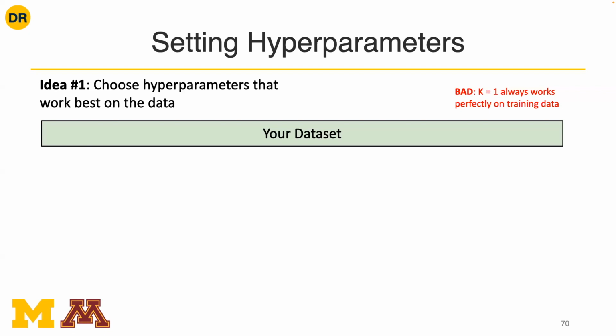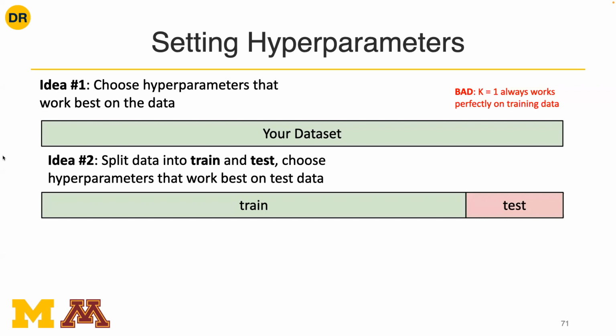So what we want when we're trying to decide on our hyperparameters is to get a real, good measurement of how they should be expected to perform in the wild. A better approach might be to split our full data set into a training set and a test set, where we use just the training set to train the model, and then we evaluate it on the test set a single time to decide what performance we would expect once we deploy the model in the real world.